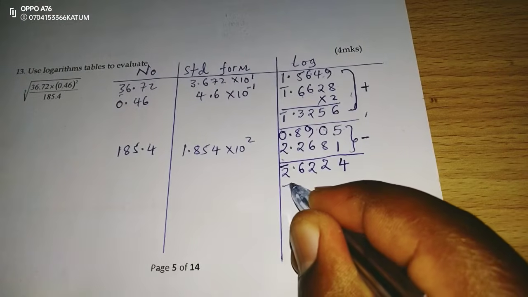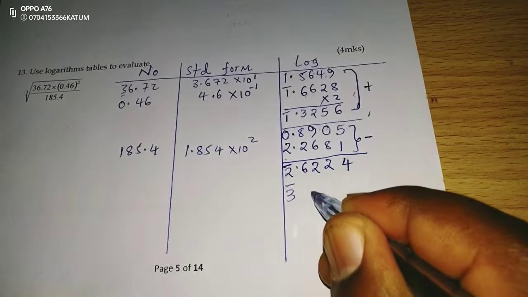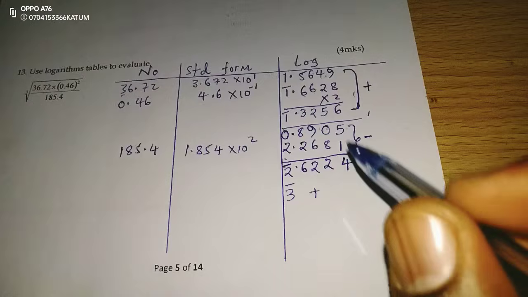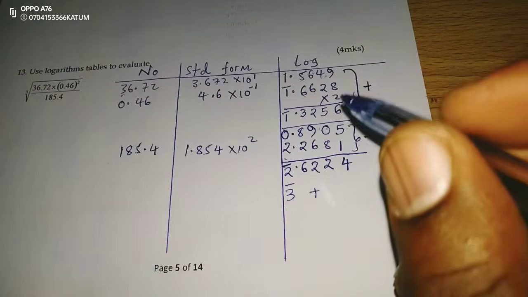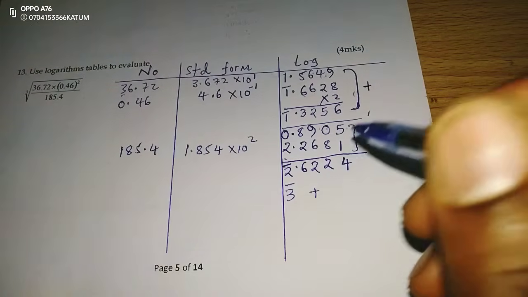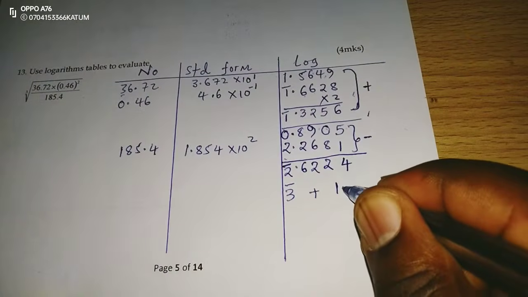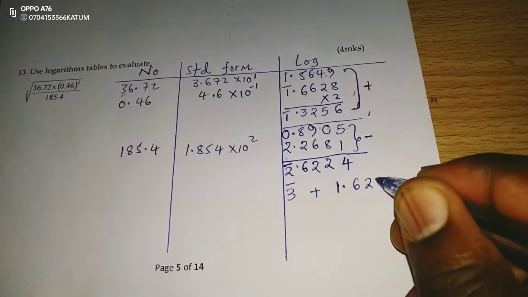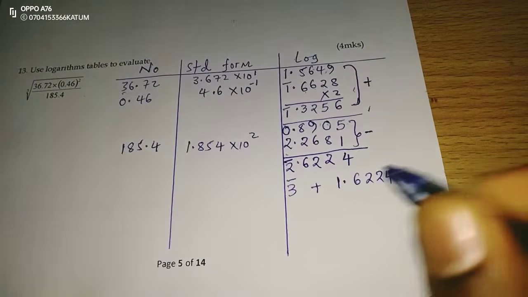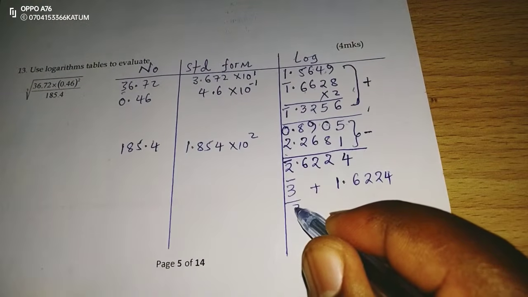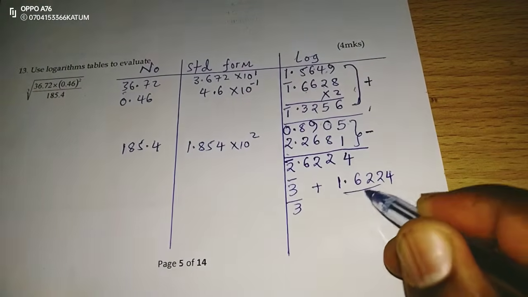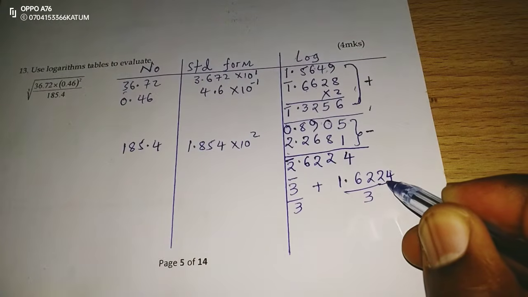So we subtract 1, we make it bar 3. Then we add the one we have subtracted to the mantissa part, which is 0.6224, to have it as 1.6224. So we are going to divide independently by 3. That is what it means to obtain the third root.